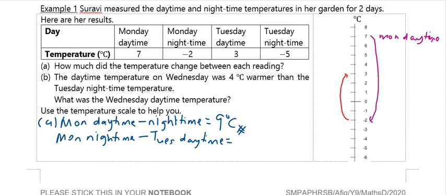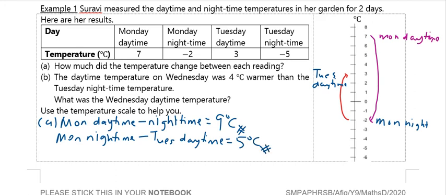I will just label this Monday night, and here is Tuesday daytime. The temperature difference is 5. You can count it yourself from the steps.